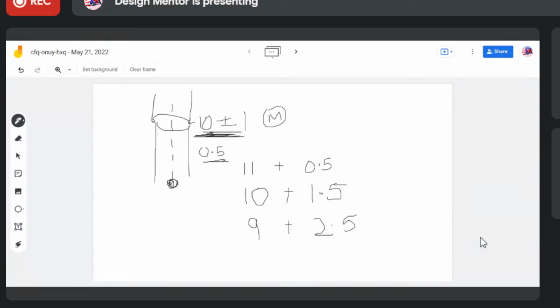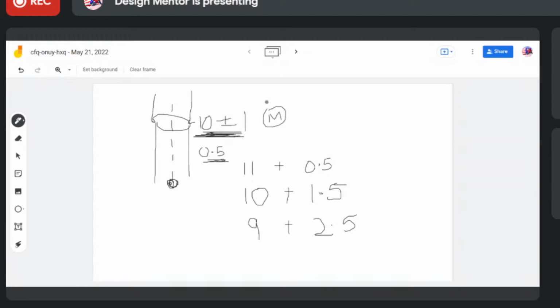So where exactly the shaft will be placed, that also has some kind of tolerance. The shaft doesn't need to be at the exact point you mentioned. It can be a little bit flexible here and there. So this is positional, and this is size. If the part is made at maximum material condition, it should have the minimum tolerance that we have given, which is 0.5.